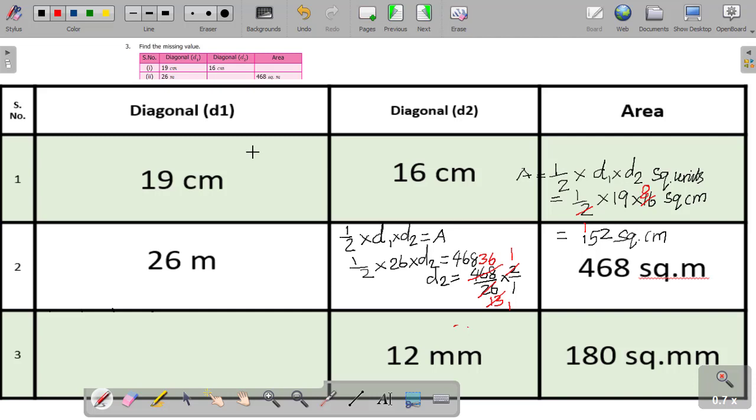So what is the length of D2? That is 36 meters.